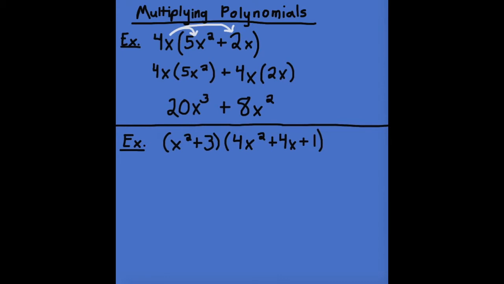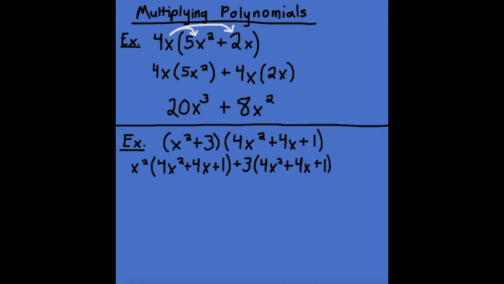To solve this problem, we are going to multiply x squared by each term in the second polynomial and add that to 3 times each term in the second polynomial. Therefore, we're going to set the problem like this. x squared times 4x squared plus 4x plus 1, plus 3 times 4x squared plus 4x plus 1.